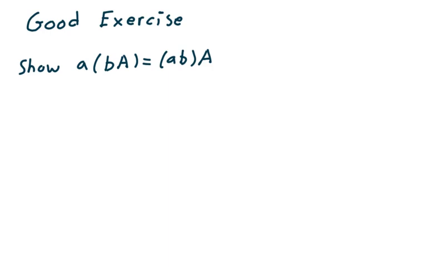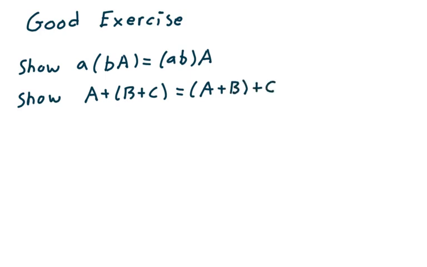Another one you can do is to show A plus (B plus C) is the same as (A plus B) plus C. In either one of these two types of problems, remember A, B, and C are matrices. And in this one, this first one, little a and little b are scalars.